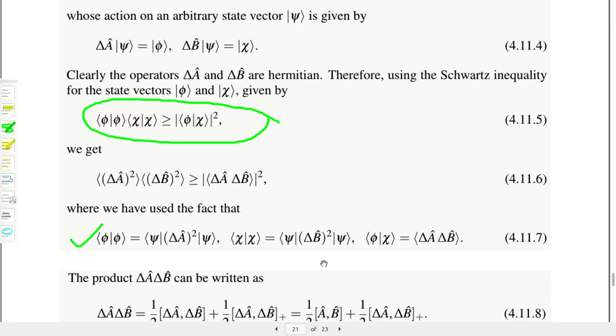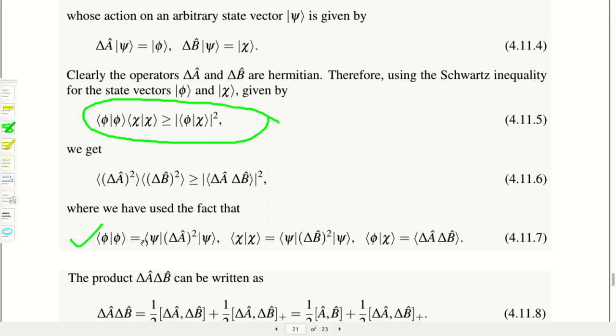From your bracket algebra you can get this, keeping in mind that the delta A and delta B operators are Hermitian, so no Hermitian conjugate is needed, they are equal, and the whole square is there. Similarly, phi chi will be this. Now let us see what this is: psi, delta A operator square, psi in the ket.